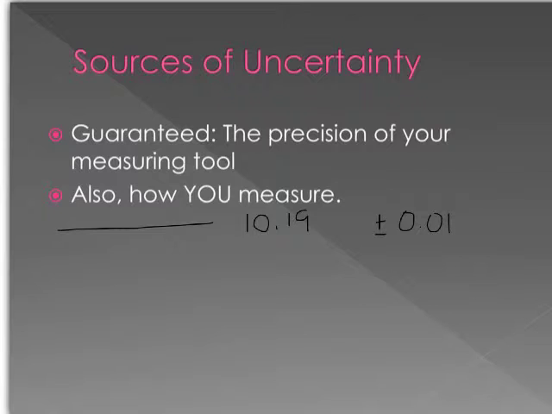But now let's say we're measuring a moving distance. We want to know how far in 1 second a car travels, from point A to point B. We want to know how far point B is from the start in 1 second after the car starts moving. Now, this becomes a little bit trickier because you have to kind of estimate your uncertainty. So let's say that this is how far the car traveled in 1 second.